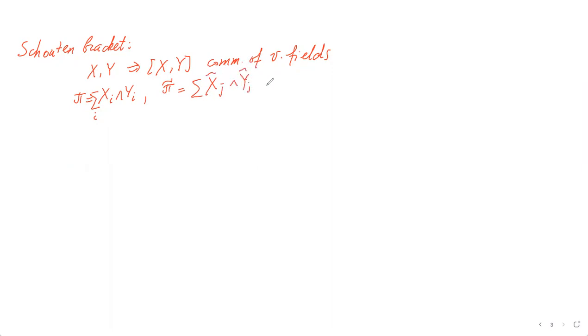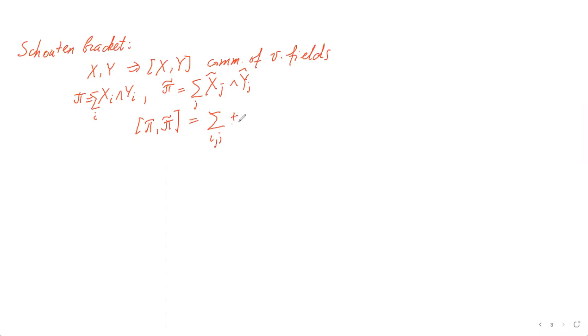Then the Schouten bracket is the most natural thing you can do with these expressions. Namely, you can say that this bracket is bilinear on the sum. So this bracket will be equal to the sum over i and j.